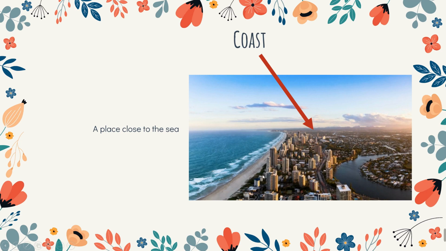So as we can see here we have many houses, cars, etc. This is a city that's on the coast. So all the people who live here, they live on the coast. Okay, so they live near the sea, close to the sea, so they live on the coast.